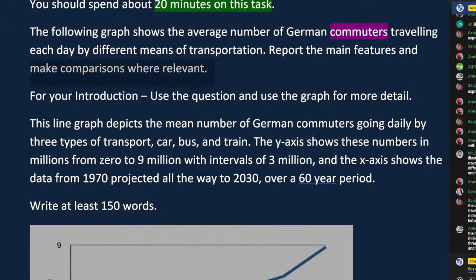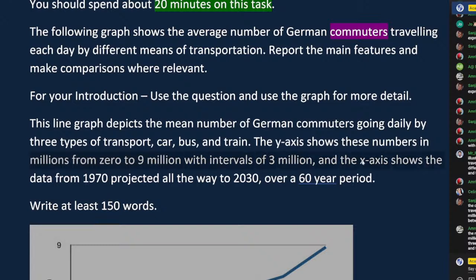So here, with added detail, I've written: this line graph depicts the mean number of German commuters going daily by 3 types of transport: car, bus, and train. The y-axis shows these numbers in millions from 0 to 9 million with intervals of 3 million.